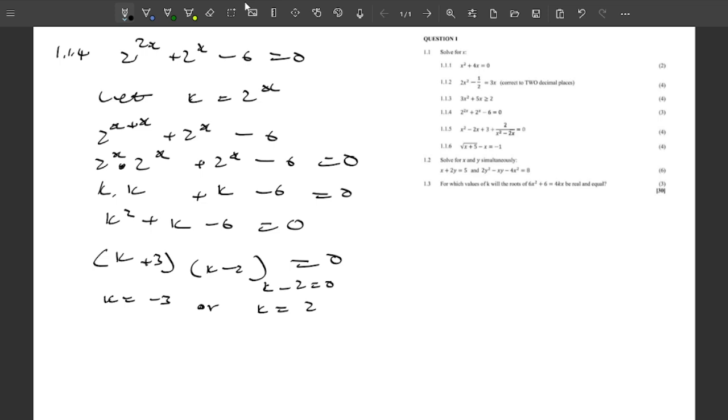So since we know that k is equal to 2 to the power of x, right? You're going to write it back, and you're going to write the value of your answer. Now for this one, it's not equal to this value because we can't write 3 in an exponential form that will accommodate 2 to the power of x.